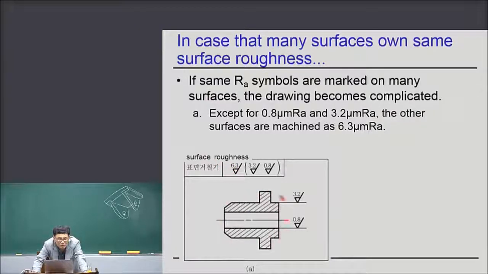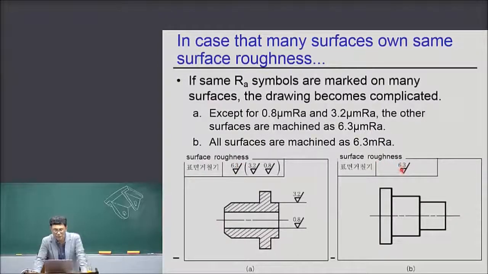Okay. In the drawing, there is no 6.3 roughness indicated, but what does it mean? It means except for 0.8 and 3.2, the other surfaces are machined as 6.3. Very useful way.